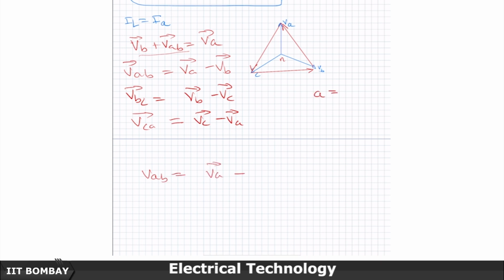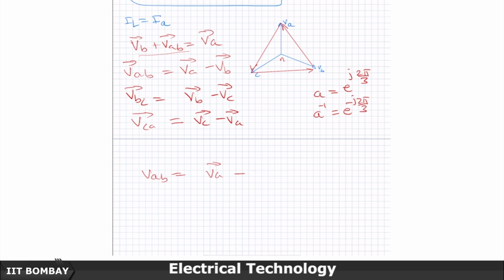Remember, once I have defined that A is the exponential operator which rotates in the anticlockwise direction by 120 degrees, a lag is basically A inverse, which is e to the power minus j 2 pi by 3.